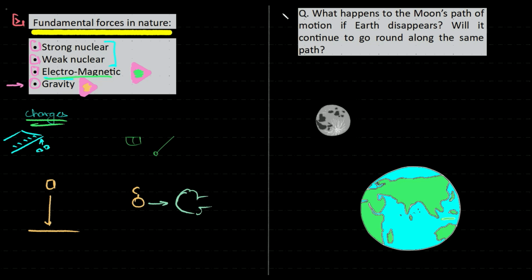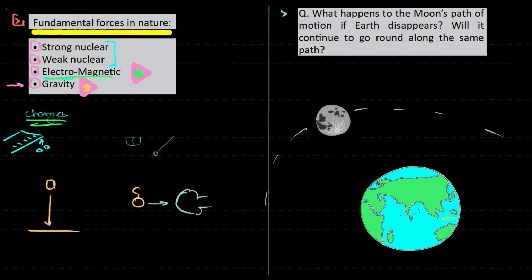And one more thing that we're going to study is this particular question. What happens to the moon's path of motion if Earth disappears? Right? So the moon, as of now, is taking a circular path. Okay.